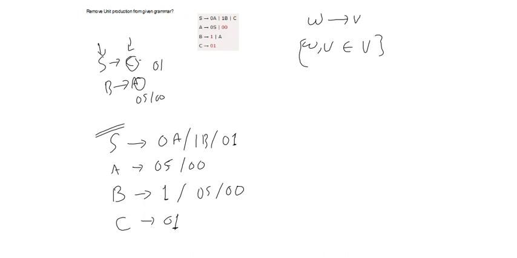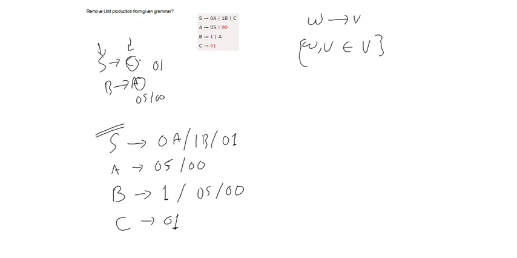In a given grammar, any production rule which is of the form W implies V, where W comma V belong to the variables set, that is, we have a single non-terminal on both the left hand side and the right hand side, then the production is known as a unit production.